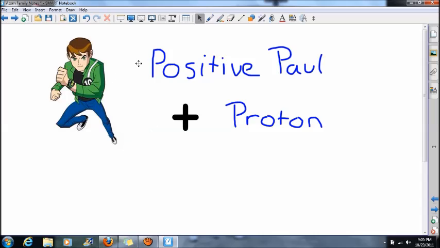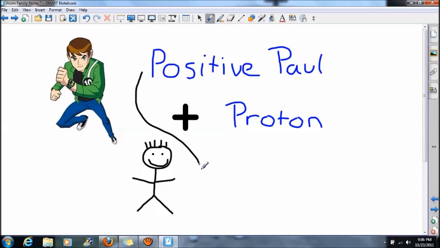And out to the side of your notes that you just wrote down about the proton, just so you can kind of remember this, go ahead and make you a male stick figure. If you want to give him short little spiky hair, you can. Remember, he's positive, so he's always happy, so give him a smile. And if you'd like to write down positive Paul, you can write that down.